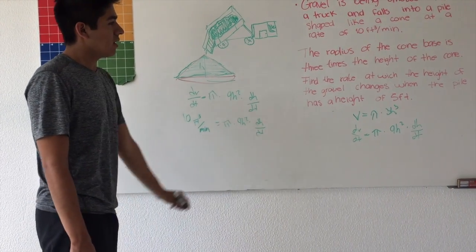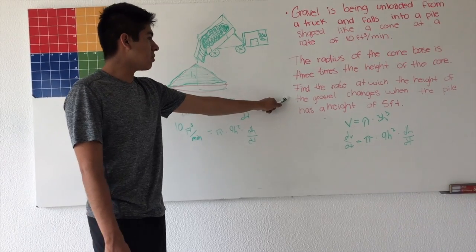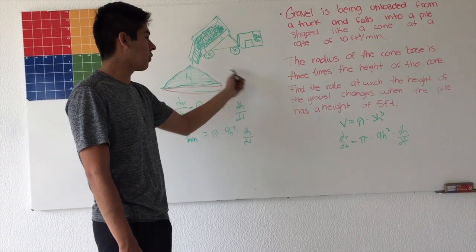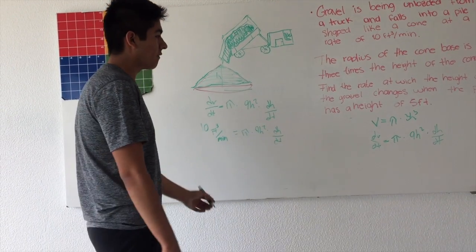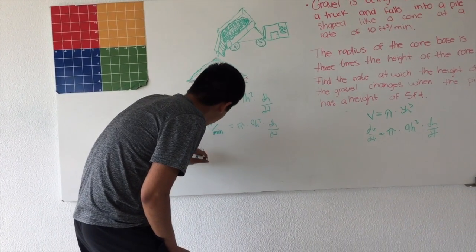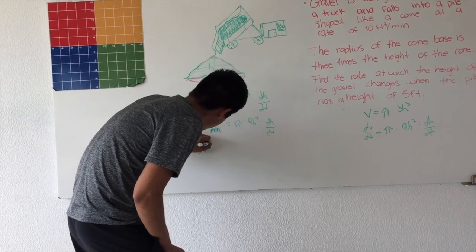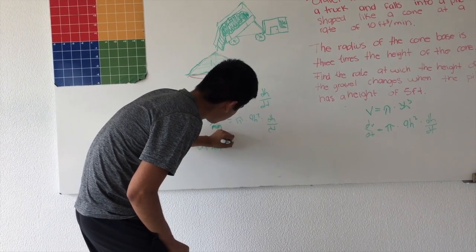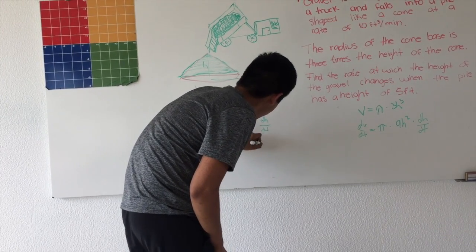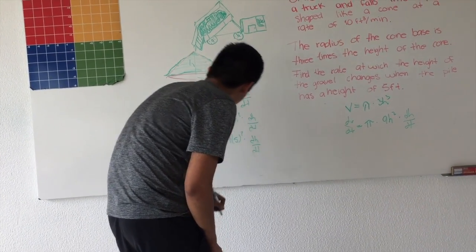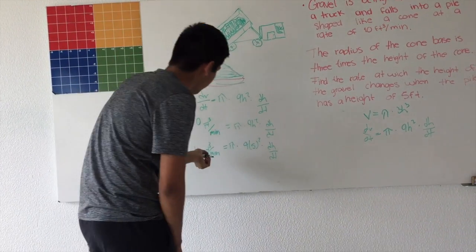So now, as the problem says, we need to get the rate when the cone has a height of 5 feet. So we substitute this h with 5 feet. So we get 10 feet cubed over minute is equal to pi times 9 times 5 squared times dh over dt. So now we don't have another variable.